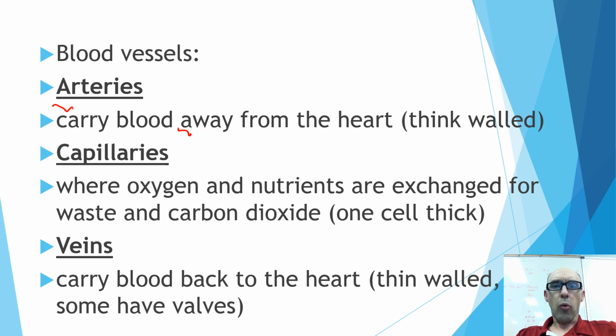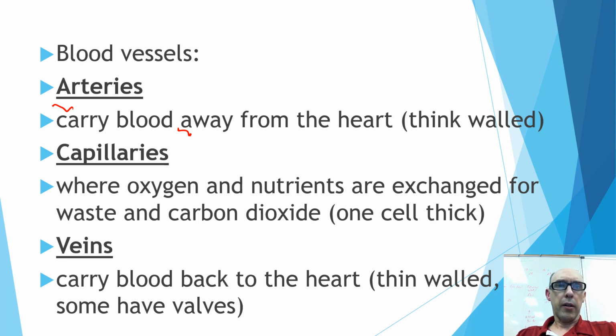They're fairly thin-walled, and some of them, especially the ones down in your legs, will have valves so that as the blood gets pushed back towards the heart, the valves catch it. Every time something is pushing it, usually some other muscle pushing it towards your heart, it moves up a ways and then stops, and then a little more and stops, and it just keeps moving back towards the heart. And then it goes through the heart, then goes through this order again.